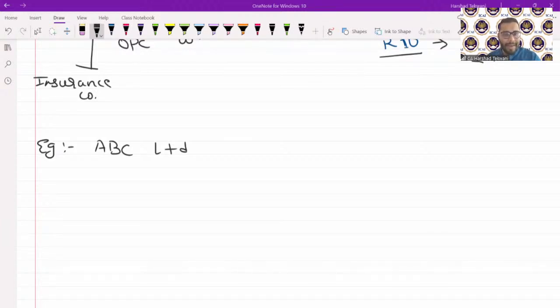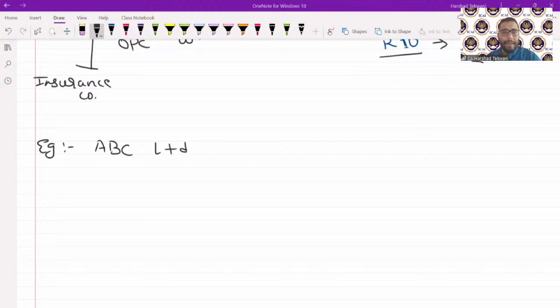In this example, what we are discussing is whether CARO is applicable to a company or not. So let's take an example. Let's say ABC company.